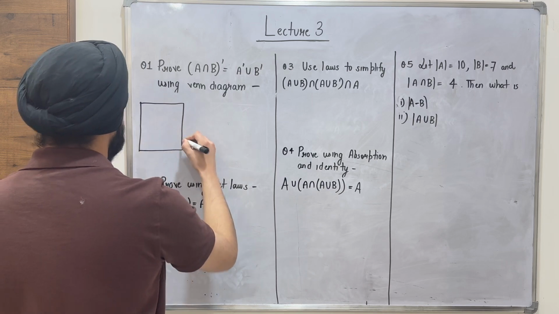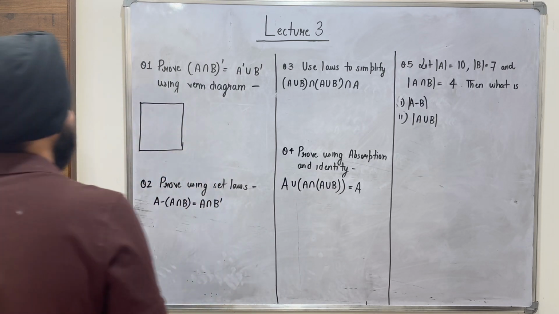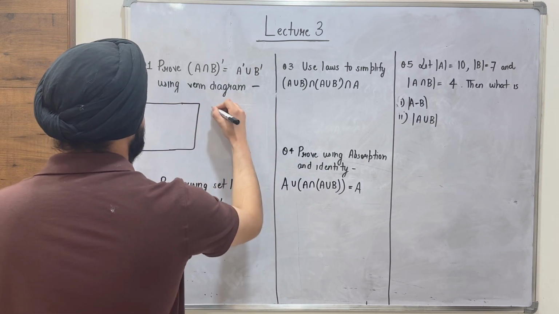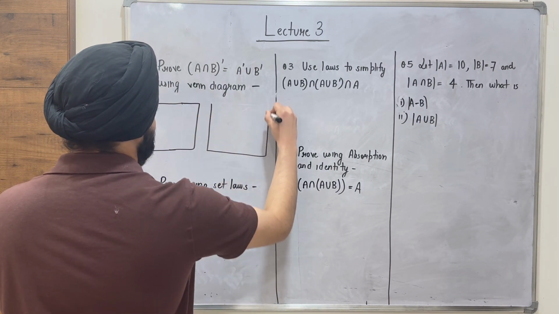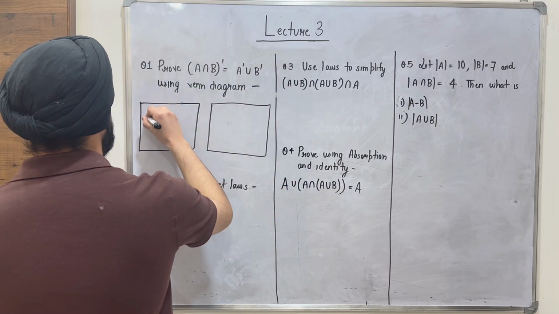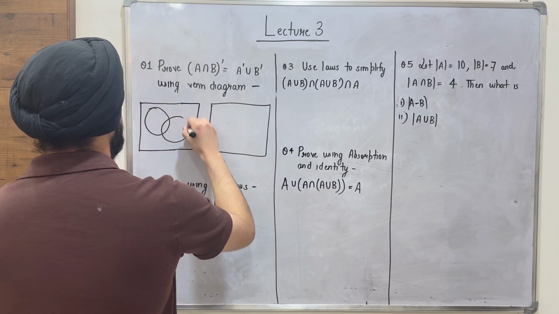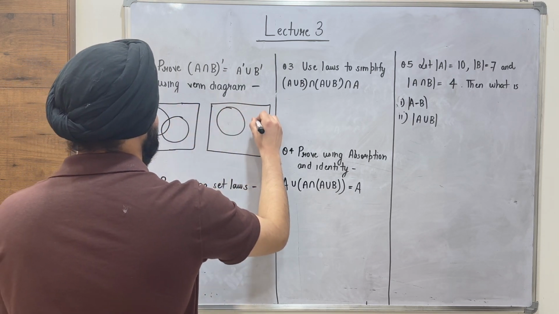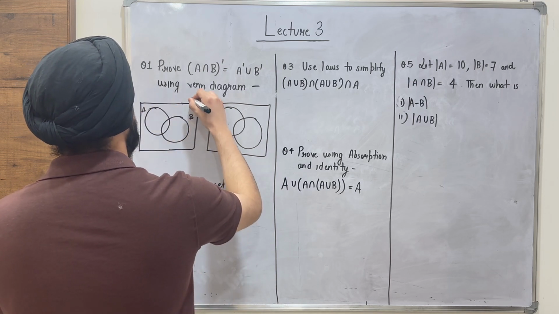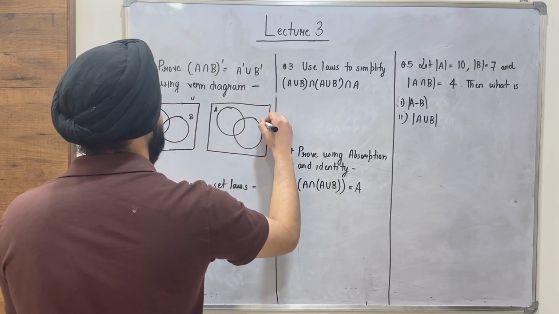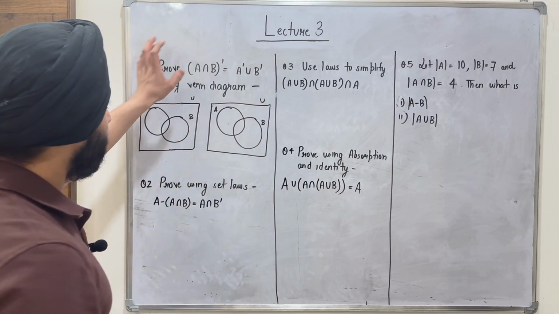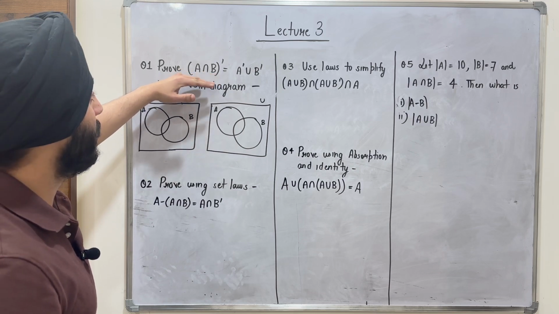So I have this Venn diagram. I have A, B, universal set. Let's first try to figure out this solution over here.